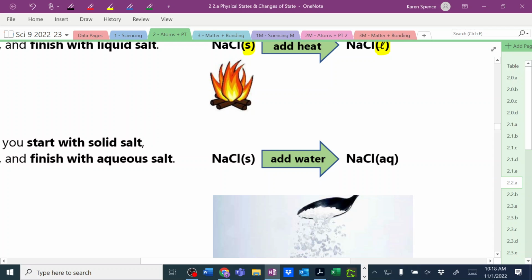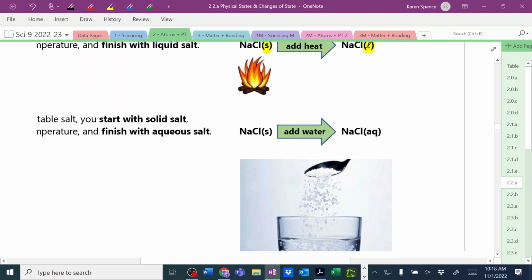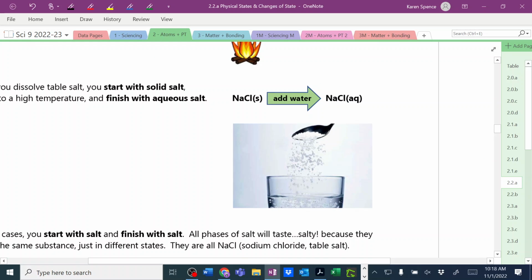When we dissolve, when we make salt aqueous, we add the salt to water, and we start with solid salt and we finish with aqueous salt, but it's still salt. It'll still taste salty. In fact, if you tasted the melted salt, if your tongue could survive the process, it would taste salty. On the other hand, your tongue would not survive the process because it would be 800 degrees Celsius. Holy man.